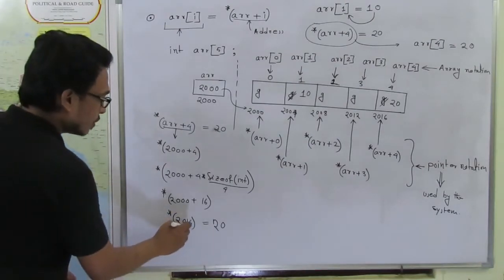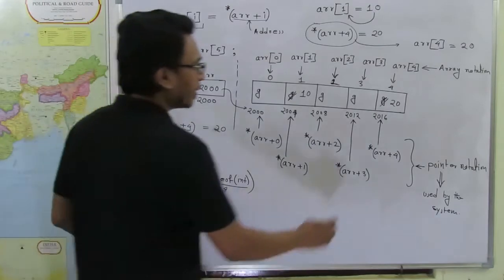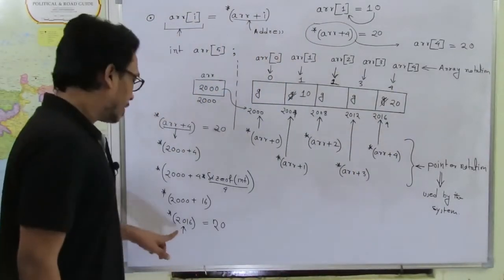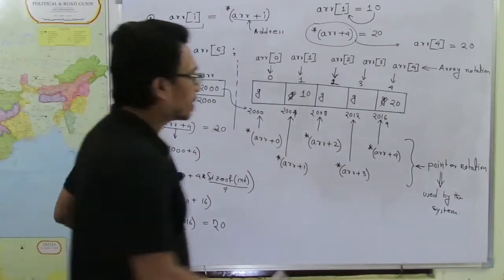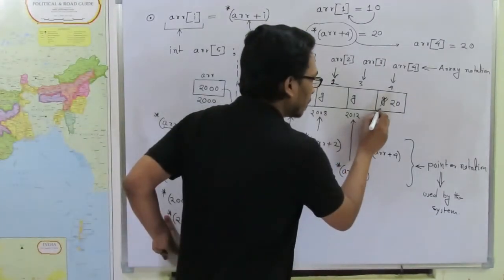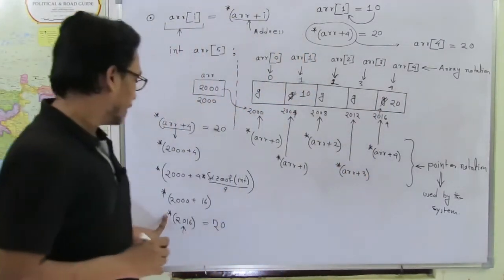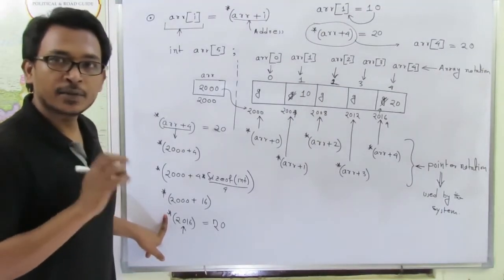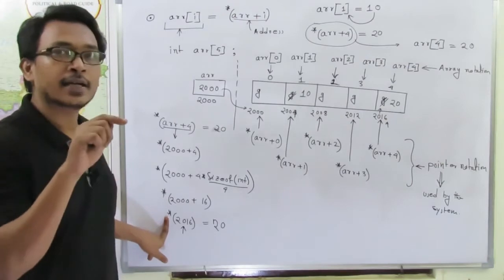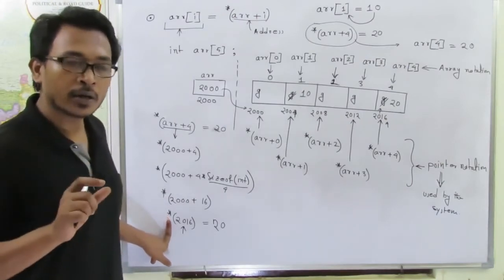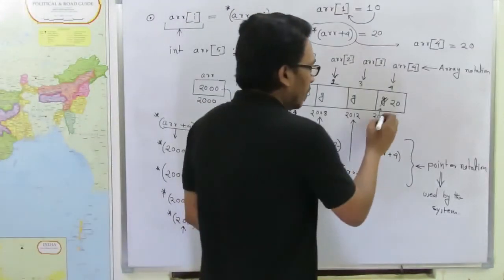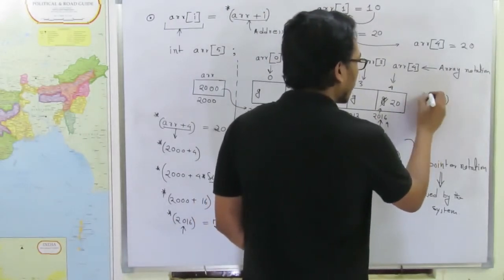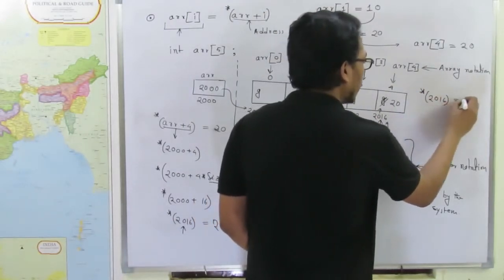The address is 2016, so the system directly comes to this address 2016, and after getting the indirection operator, the system enters inside this block. Clear? When we specify the indirection operator with any address, the system automatically enters that particular block.